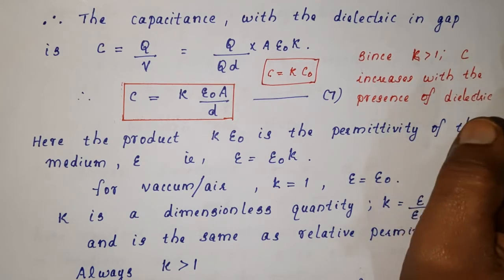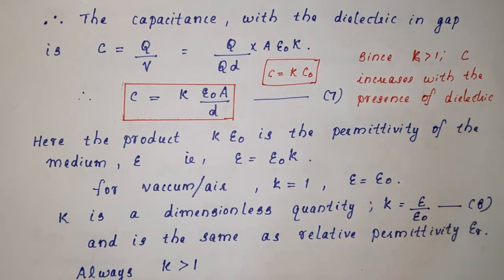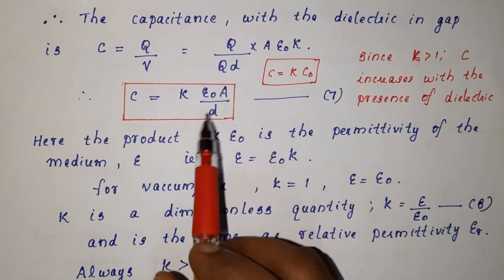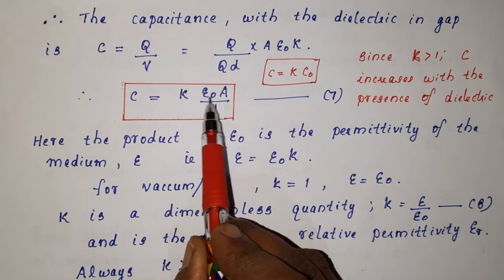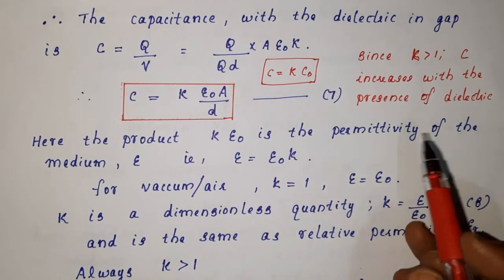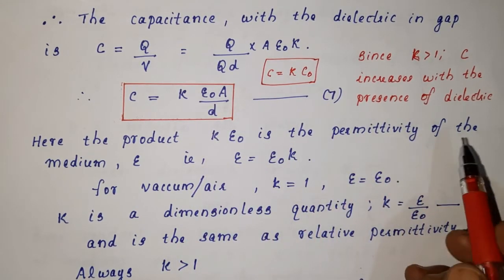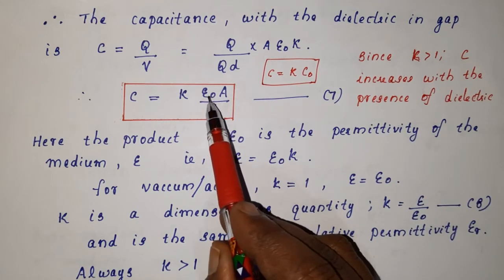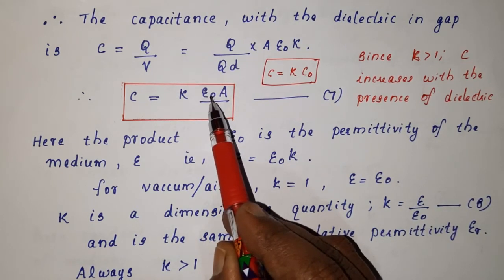Okay, so anyway, with the presence of dielectric, the capacitance is increasing. And in this equation, this product K into epsilon 0 is the permittivity of the medium. Epsilon 0 is the permittivity of free space.